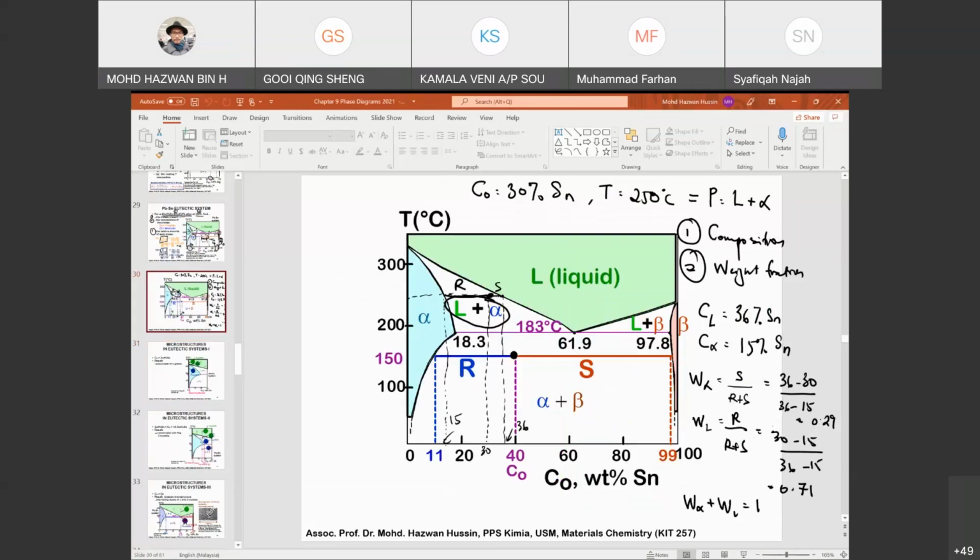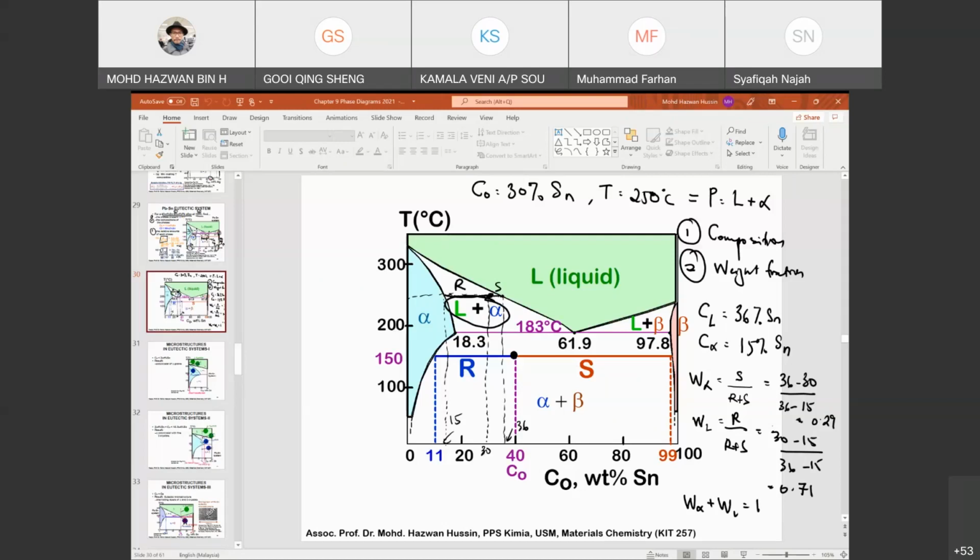Apart from reading the phase diagram, I guess most of us are now clear on how to calculate the mass fraction as well as the volume fraction. The volume fraction given in the examples in the additional notes is quite essential and important. I really hope you can understand and digest it well.